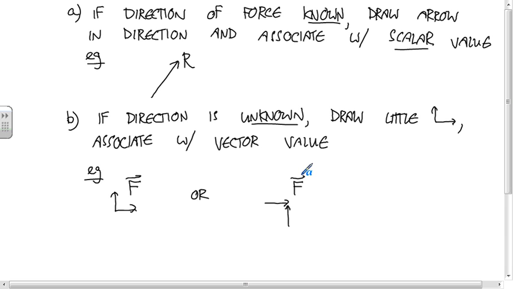Yeah, we just don't know what the direction is. That's the distinction between these two. So, are we given the direction, like something in the problem says 30 degrees above horizontal or something? Or is finding the direction part of the things that we need to figure out?